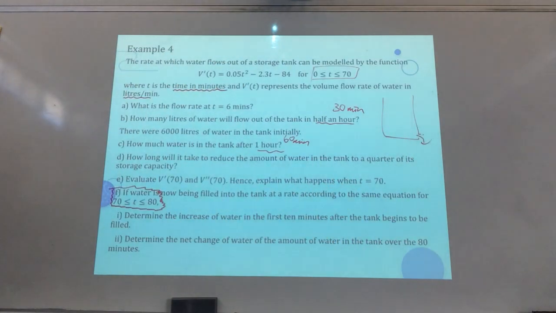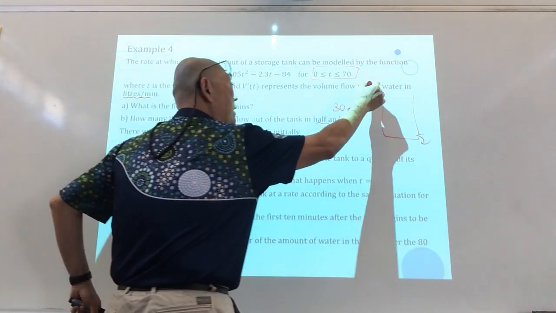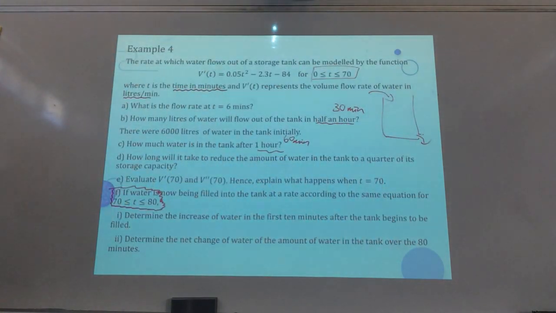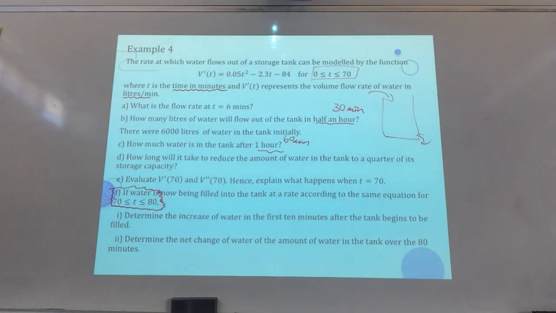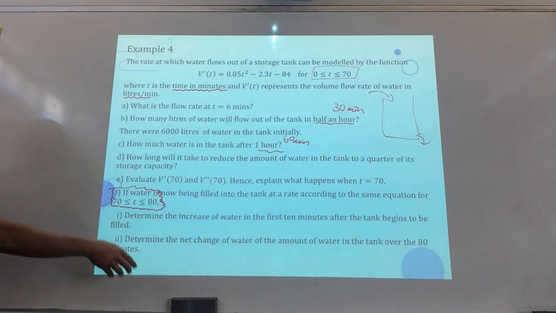After that, there could be water coming in as well. That is something you've got to consider. Here it says to determine the increase of water in the first 10 minutes after the tank begins to fill. So after 70, there will be inflow going into the tank.